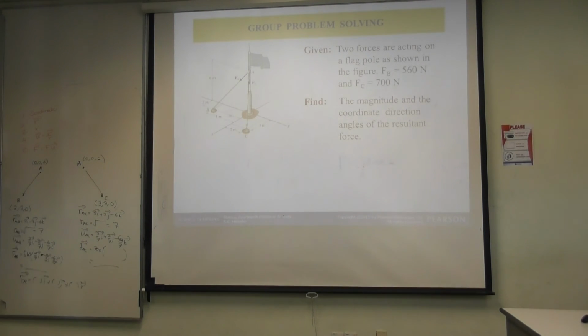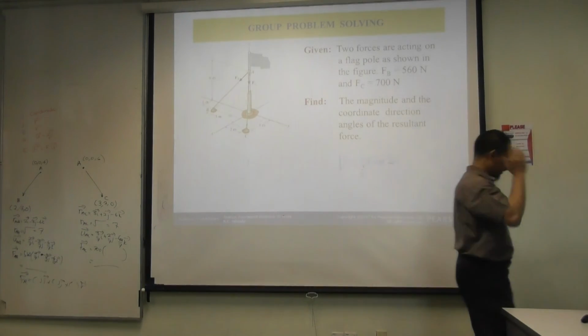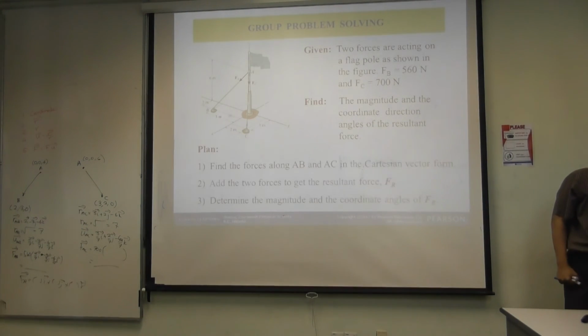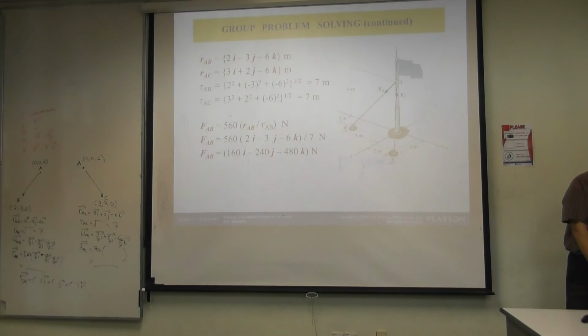And well, as in the question before, right? When you calculate until the x, alpha, beta, gamma, you know what to do. So you get the magnitude and then you get cos alpha, beta and gamma. Just if you want to check the values, F AB you get 160i minus 240j minus 480k. F AC you get 300i plus 200j minus 600k.